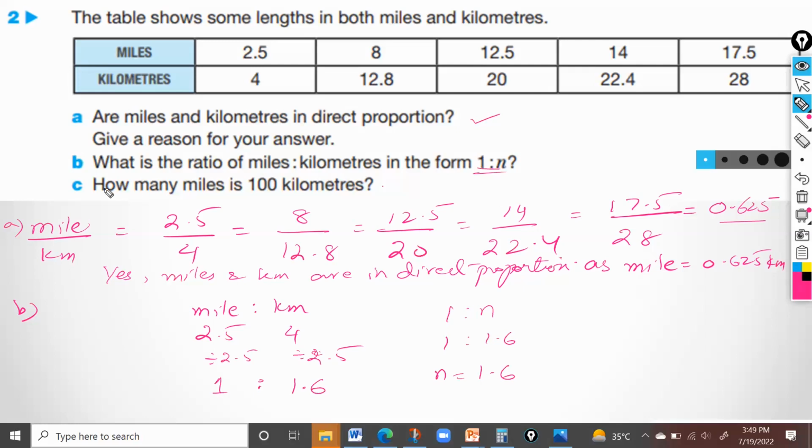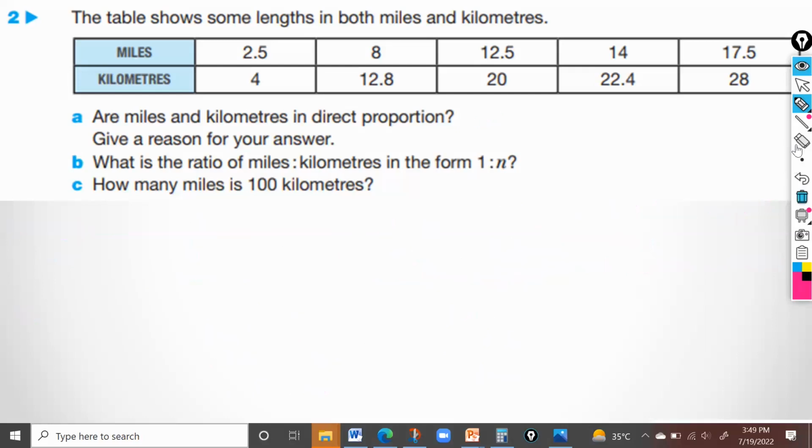Now for question number 2, C part. How many miles is 100 kilometers? As we know, 1 mile is equal to 0.625 times kilometers.